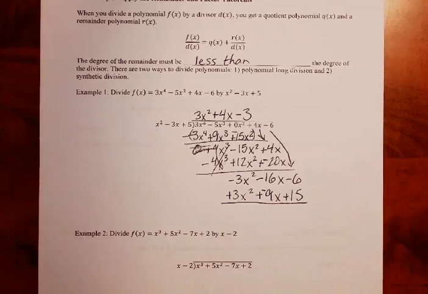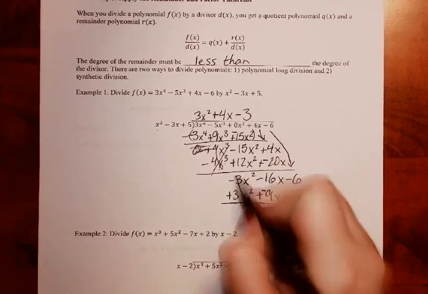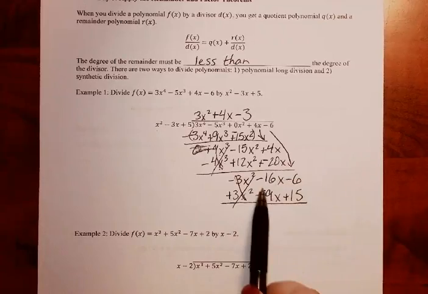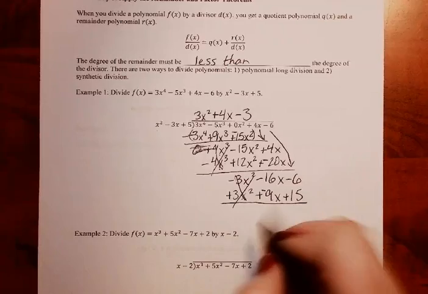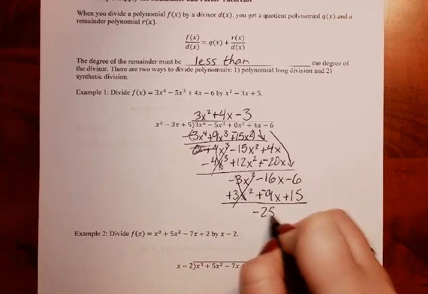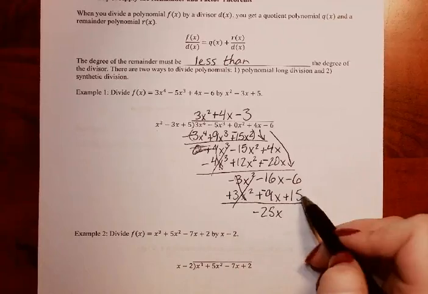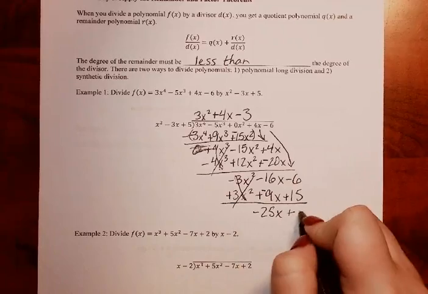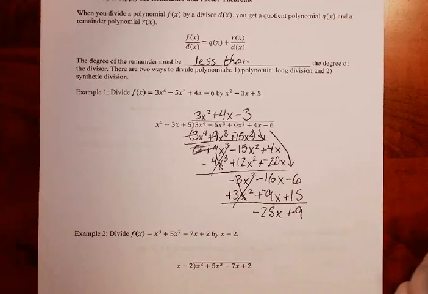Okay, so negative 3x squared plus 3x squared cancels. Negative 16x minus 9x is going to be negative 25x. Negative 6 plus 15 is a positive 9. So this is our remainder.